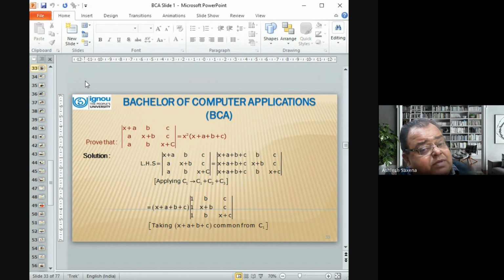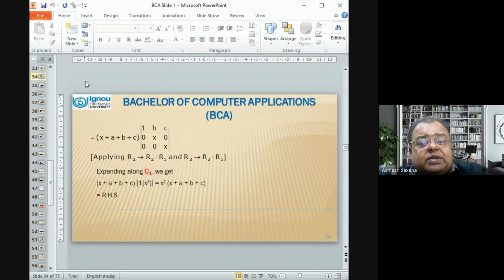1 minus 1 will be 0. And simultaneously, all the elements of the row will be converted. You can see what I did over here: row 2 tends to row 2 minus row 1, and row 3 tends to row 3 minus row 1.